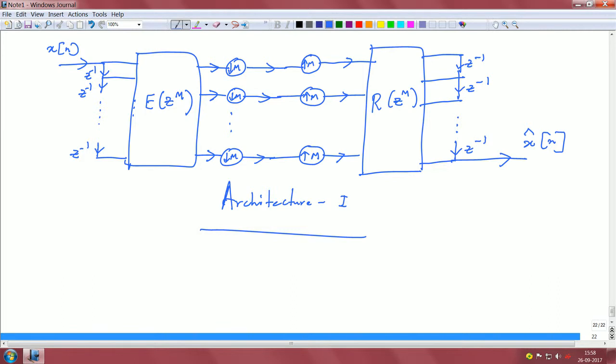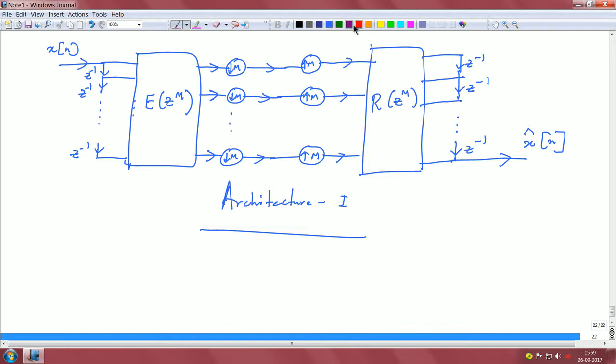But we will apply a familiar trick that we have learned, which is through Noble identities. We will push these downsamplers before this bank and we will push these upsamplers after this synthesis bank.